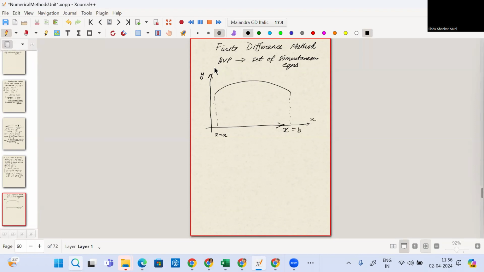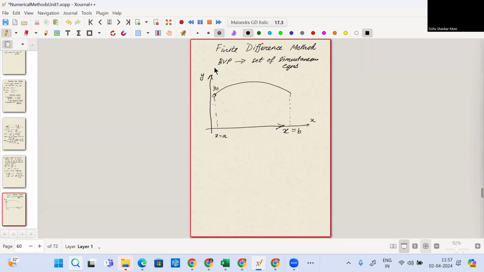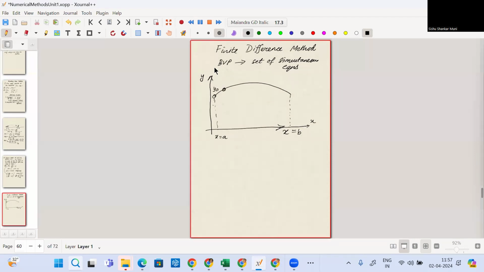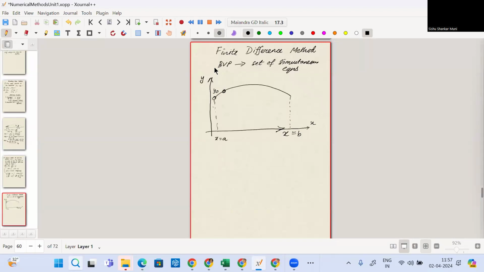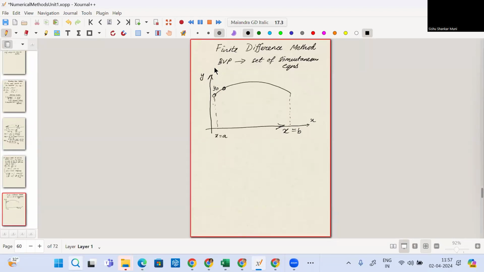Since it's a finite difference scheme, the idea is to divide the grid into finer steps. So the starting point is x0 equals A, this is y0. Then for some equidistant step, this is x1, x2, and so on, till you reach here, say xn minus 1.